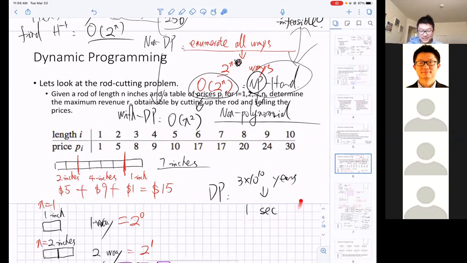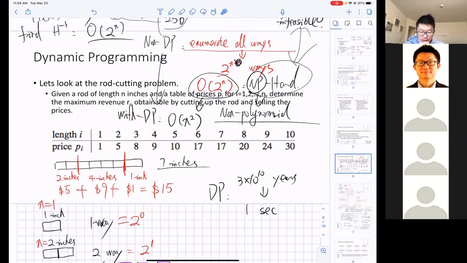Okay, so yes, we're going to talk about dynamic programming. This dynamic programming solution is going to be our focus in Friday's class. I leave it for that one because I want to have at least 1 hour to go through that.